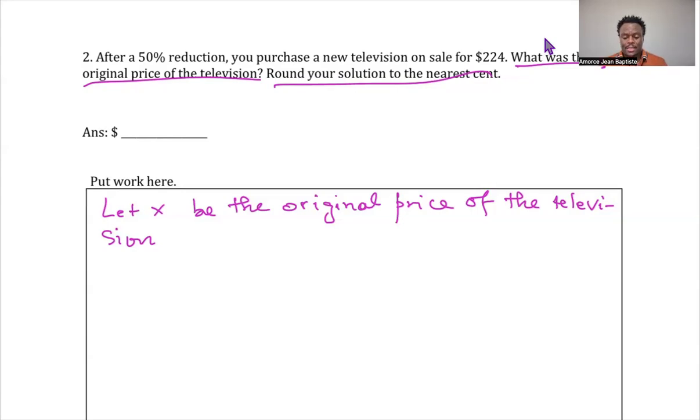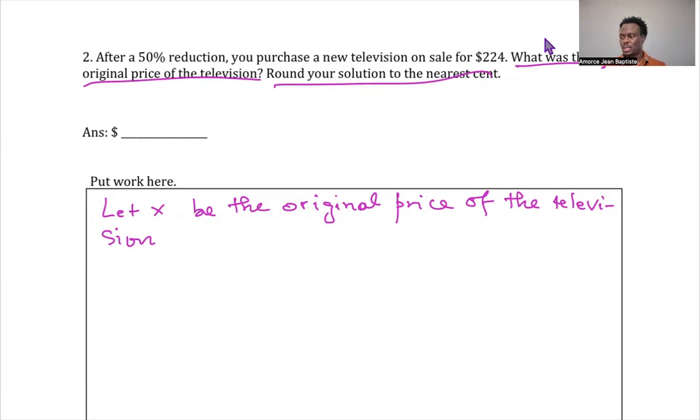So basically we have that, then we can tell that 50% of X was taken off. And when that happened, the price became 224.